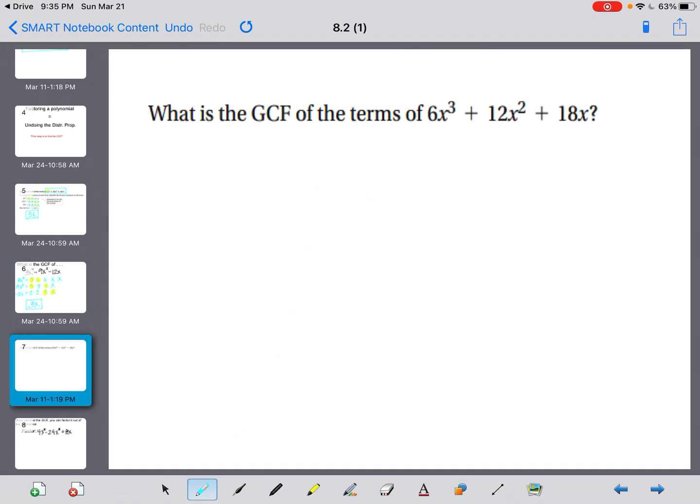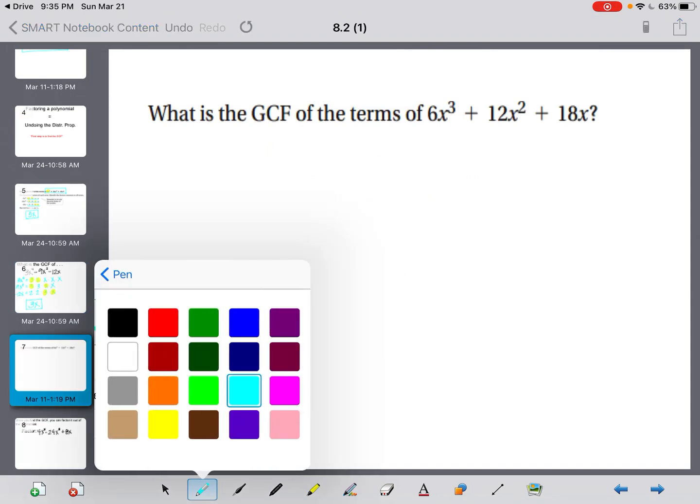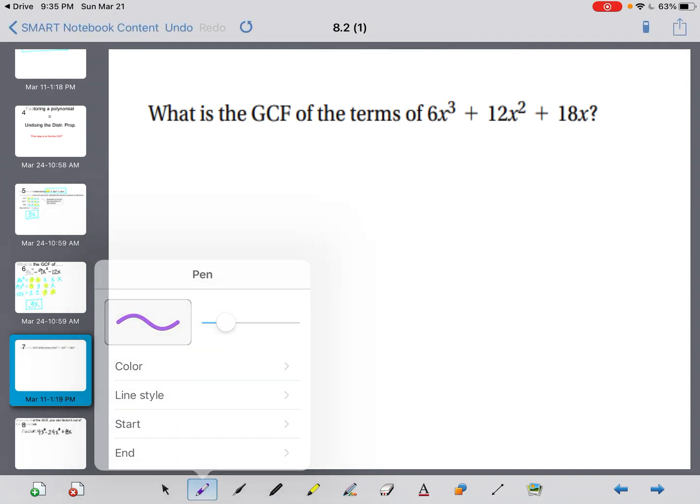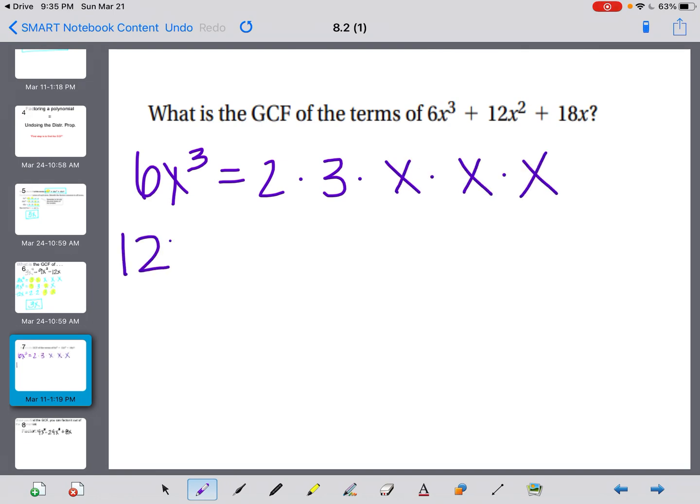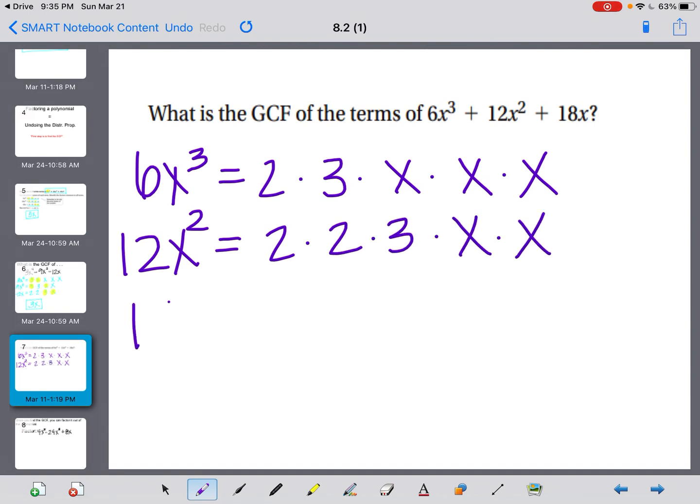Okay, what is the greatest common factor here? I think it would be best if you paused and tried to figure it out yourself, and then come on back and see if you agree with what I have. Okay, if you're coming back now, I'm just listing all of the prime factors so that I can find my greatest common factor.